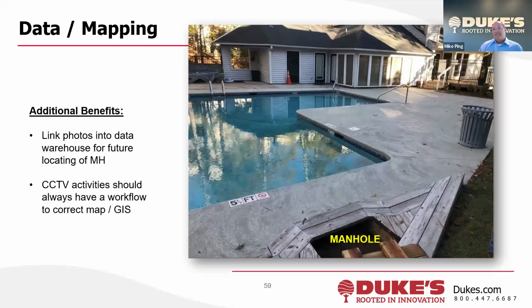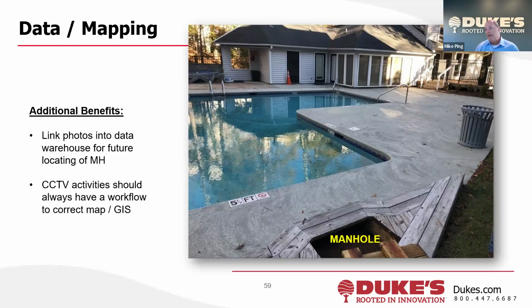Right. So, one of the last slides here. One is a concept when TVing is happening. It's very critical for this data to be properly linked up. One being area photos. There's an operator at each manhole typically, and a basic photo can help in the future. It's a great example. This is a project that I worked on: a swimming pool in an apartment complex, and there's a deck, and of course everybody's looking for the manhole.